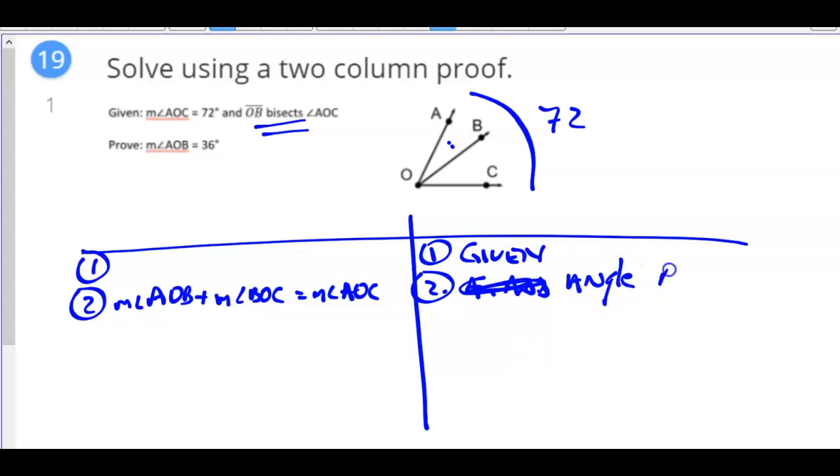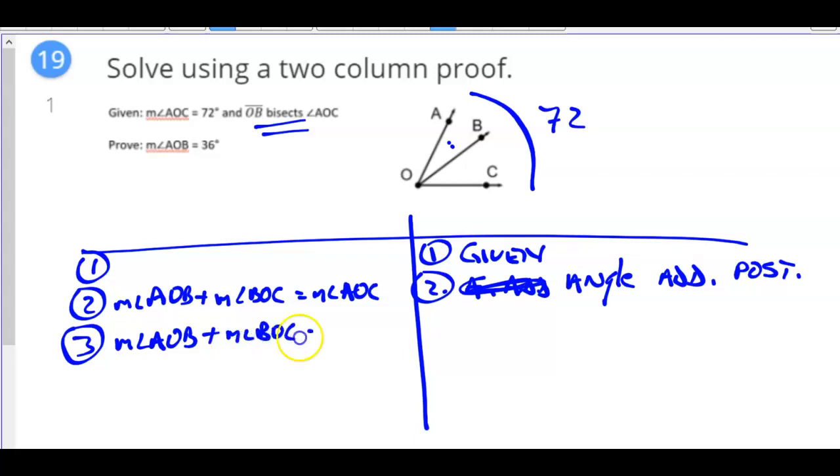Angle addition postulate. That's okay. 3. We're going to plug in what we know. AOB we don't know. BOC we don't know. AOC we know is 72.